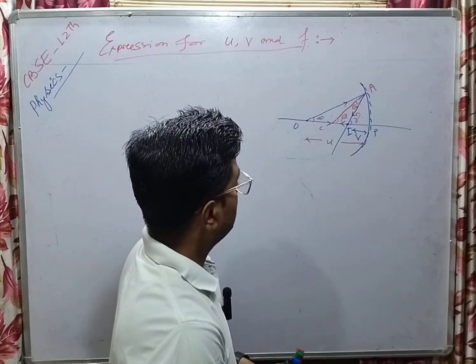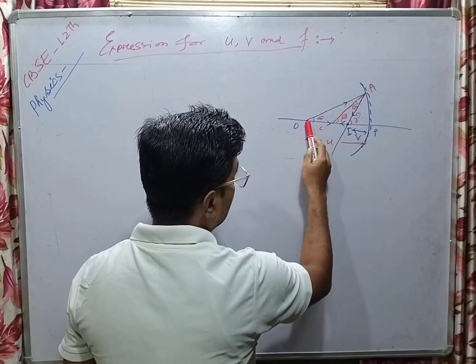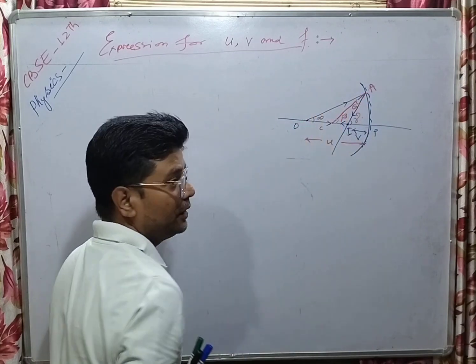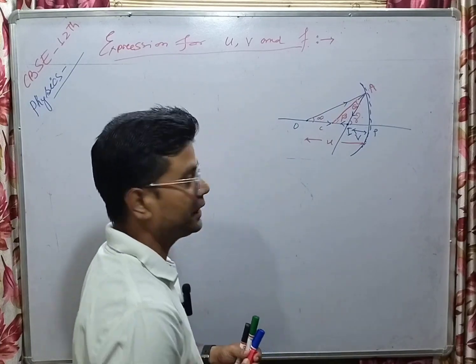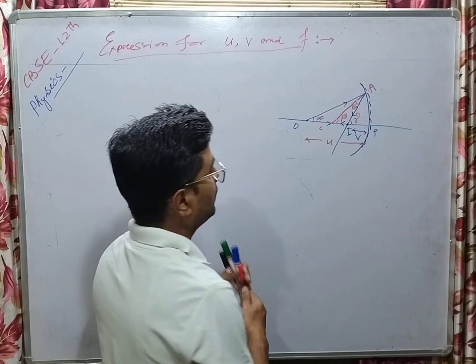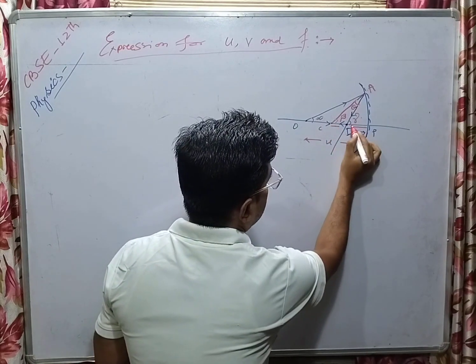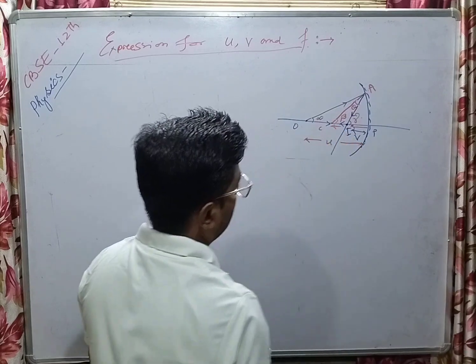Students, CA divides angle OAI. C is the center of curvature. C will be the center of curvature of this spherical mirror. Therefore, this is the distance R.